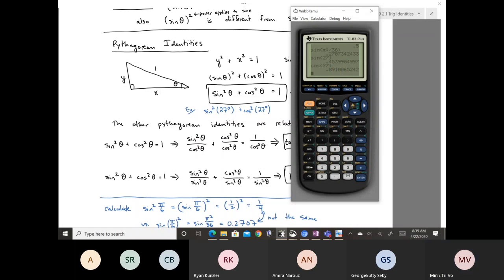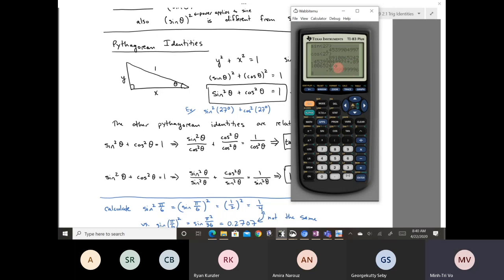Now if I do the first one squared plus the second one squared, 0.439904997 squared plus 0.8910065242 squared, so the result of the sine squared plus the result of the cosine squared, it's not going to be exactly 1 because I'm using the decimal approximation.